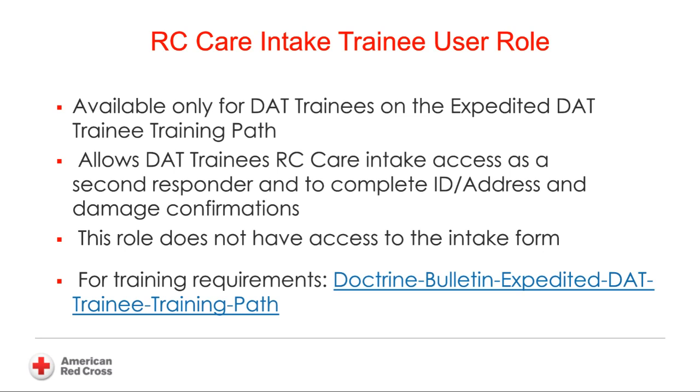Essentially, this gives an option of following the traditional training path to become a service associate, or if you follow this expedited training, it shortens at the front end the amount of training you need to take so that you can become that second responder on the case more quickly.